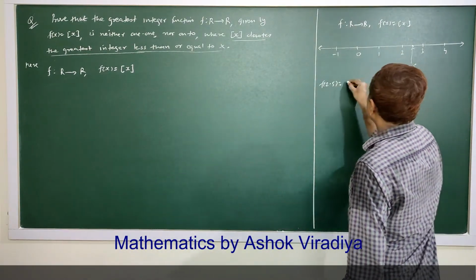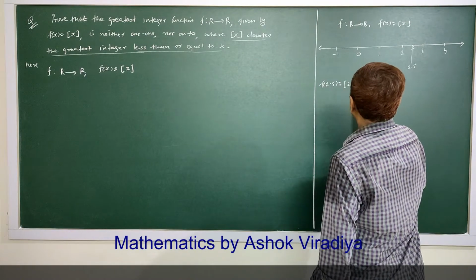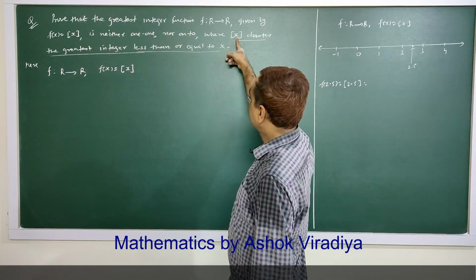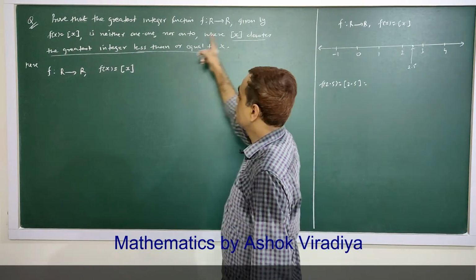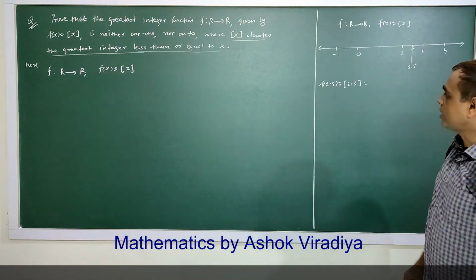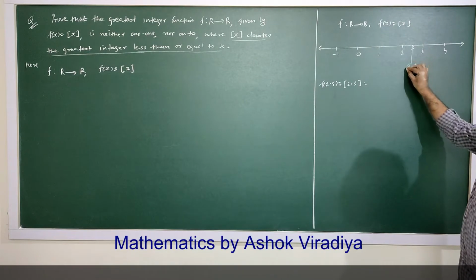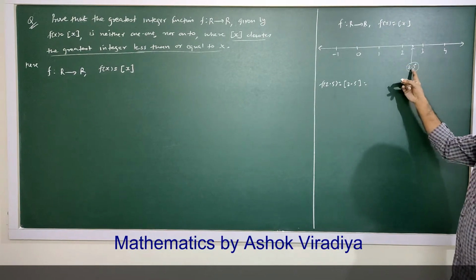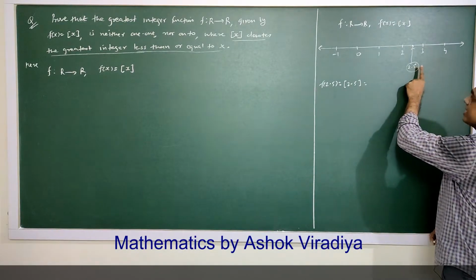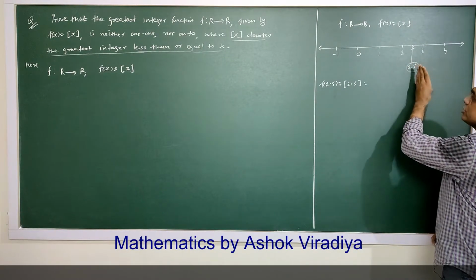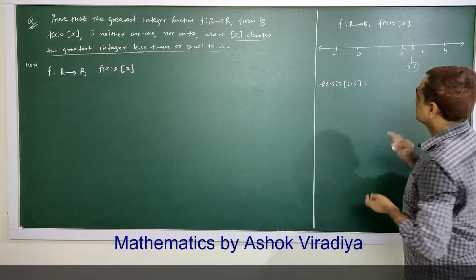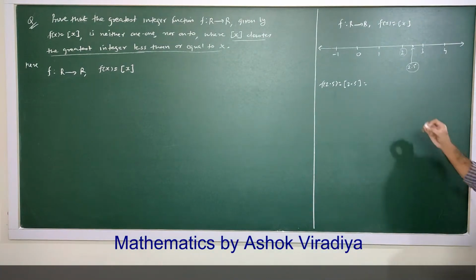Image of 2.5 is the box value of 2.5. Now, what does the box value of 2.5 denote? Greatest integer less than or equal to x, say greatest integer less than 2.5. What is the greatest integer less than 2.5? That means look on the left side and take the first integer on the left. F of 2.5 is 2.